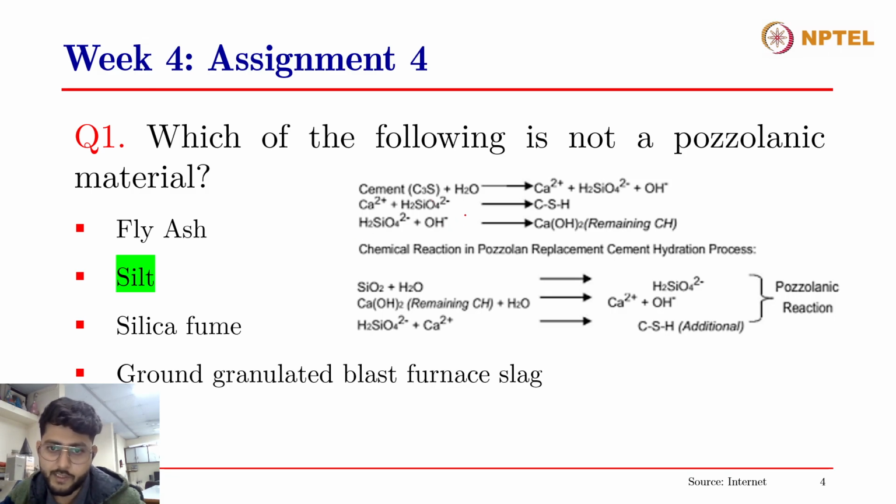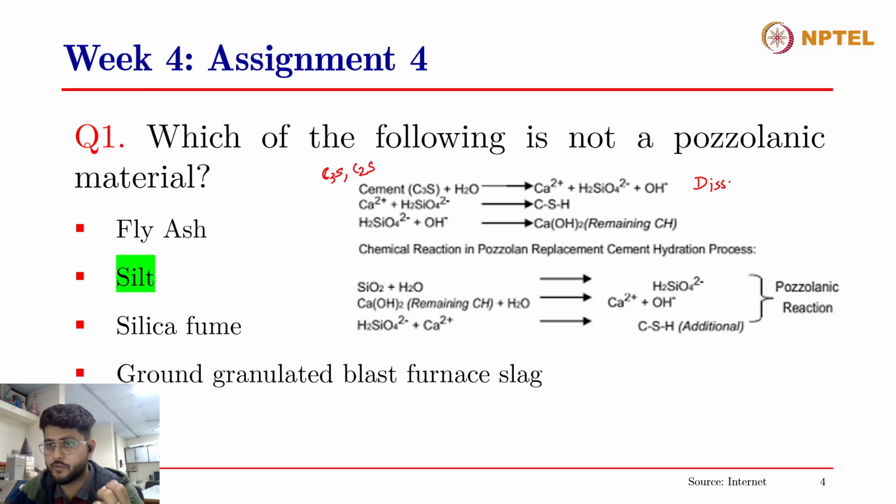So normally, this is a reaction diagram or flow chart that I have taken from the internet, and this is to show you how cement reacts with water and what are the ions involved in the process. So cement, or mainly the constituents of cement, let's say alite and belite, the major two constituents of cement, react with water, and the first reaction that occurs is the dissolution.